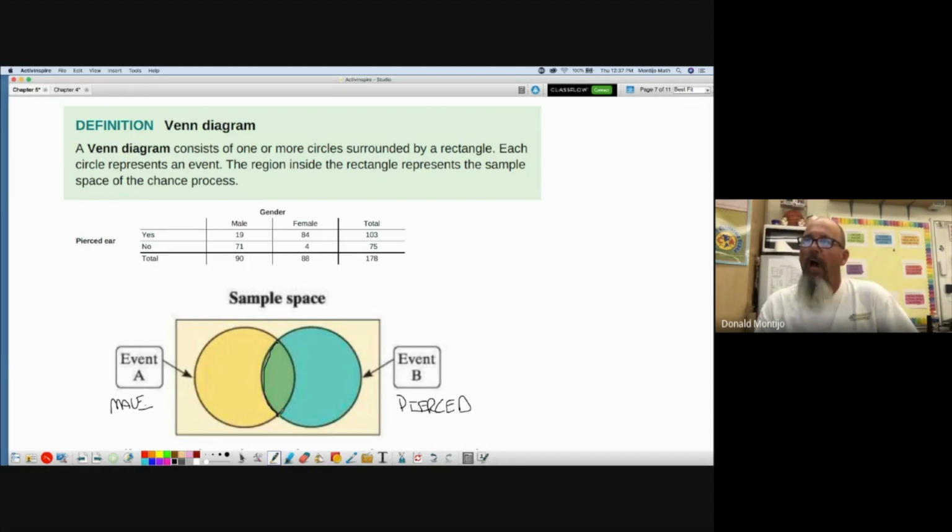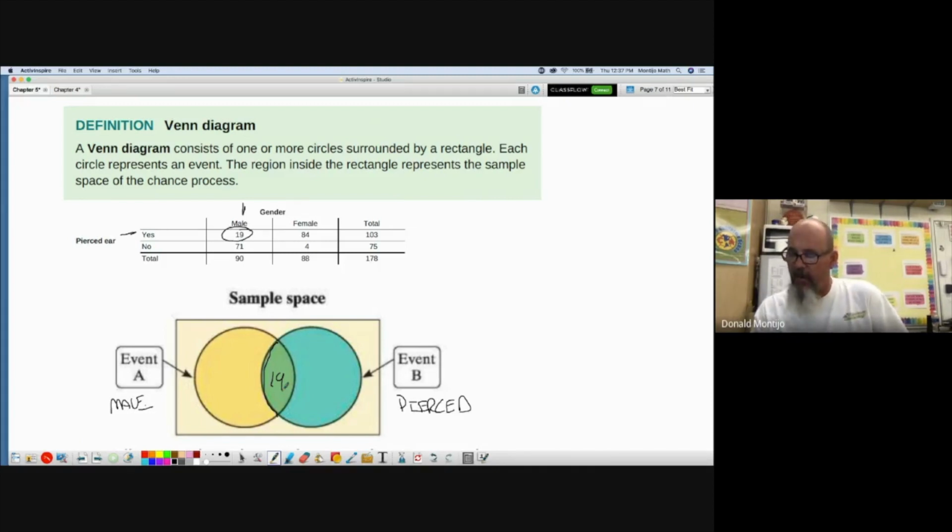So how many students are males and have their ear pierced? Male and, yes, your ear's pierced, and you're a male. That's 19. So 19 is the intersection, the "and." How many individuals have both of the qualities that we're looking at?